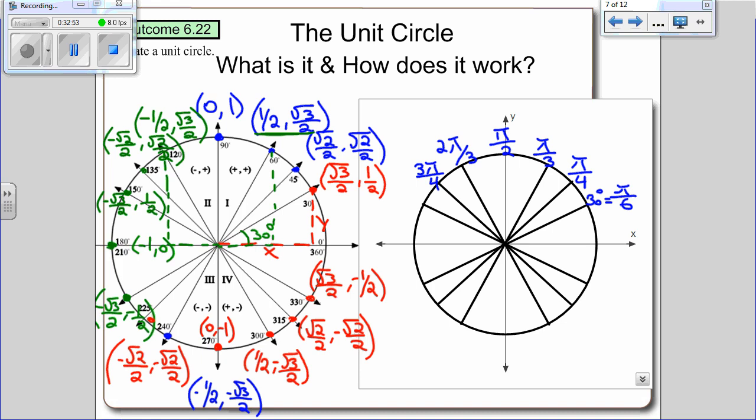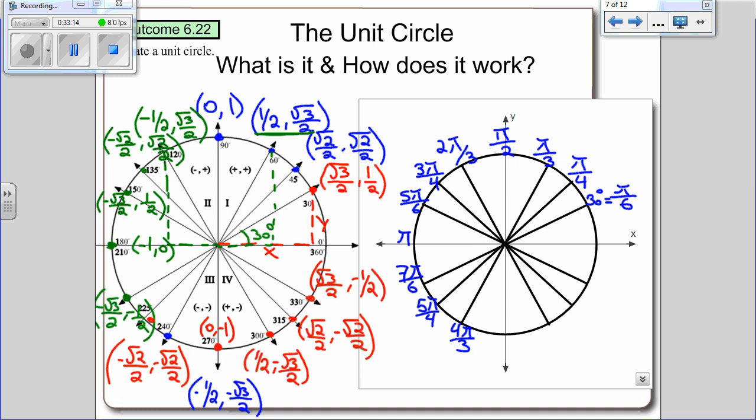Then we have 5 pi over 4. Then we have 4 pi over 3. And you can figure out all these radians on your own. You just have to convert all the degrees into radians, which is, I'm just saving you the work by showing you what the measurements are in radians.